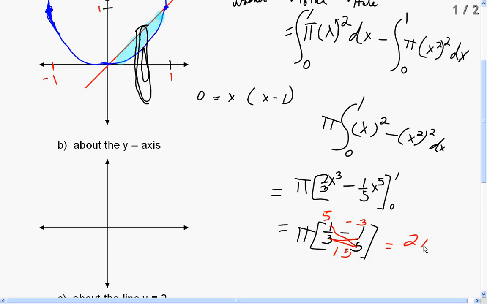So it's going to be 2 pi over 15, and that would be my answer.